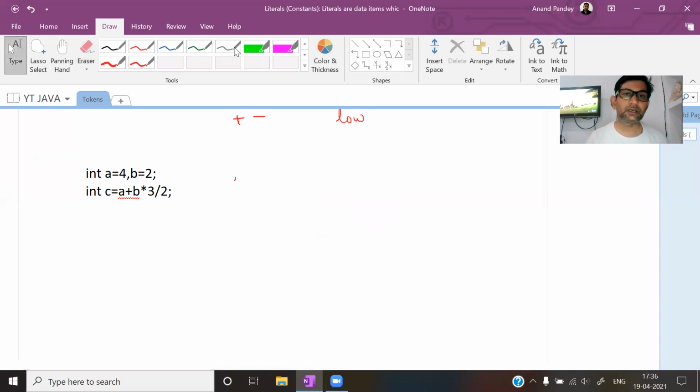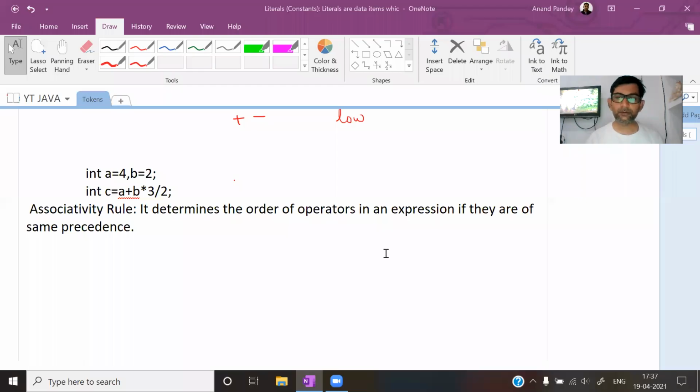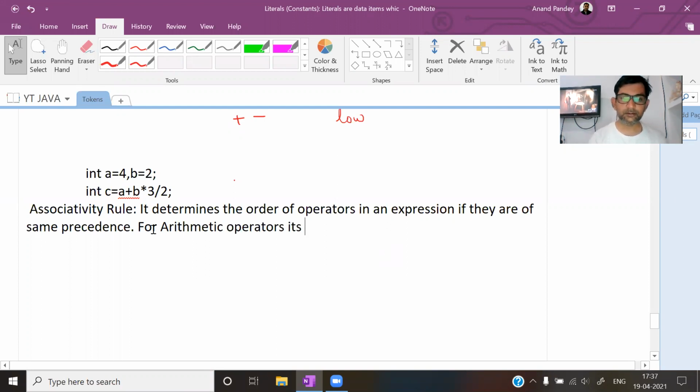Okay. So here I'm going to write the definition of associativity rule. We can define associativity rule as: it determines the order of operators in an expression if they are of same precedence. And as I told, for arithmetic operators, it is left to right.